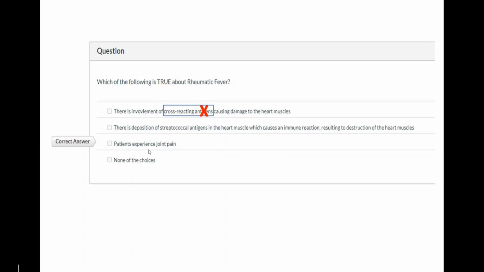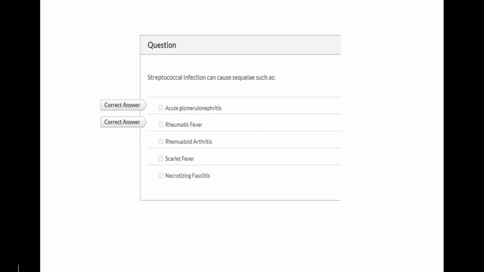Patients experience joint pain. Yes, the reason why this is called rheumatic fever is because the patients experience fever and also joint pain. Streptococcal infections can cause sequela such as, of course, the two typical sequela of post-streptococcal infection: acute glomerulonephritis and rheumatic fever.